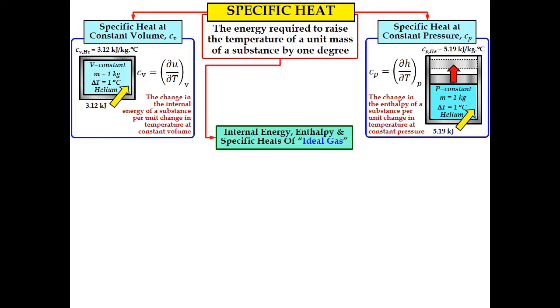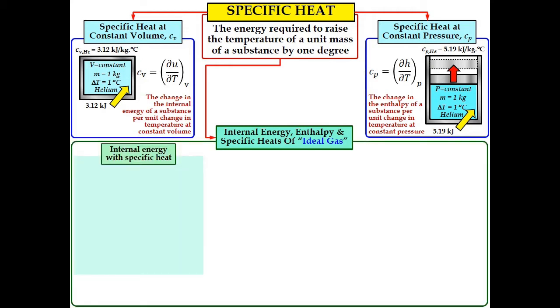Now we want to discuss the relationship between internal energy and enthalpy with the specific heat for the ideal gas. First, the relationship between internal energy and specific heat. For this case, we need to apply the energy balance equation to the schematic diagram that we discussed just now for the specific heat at constant volume, which is the rigid tank.